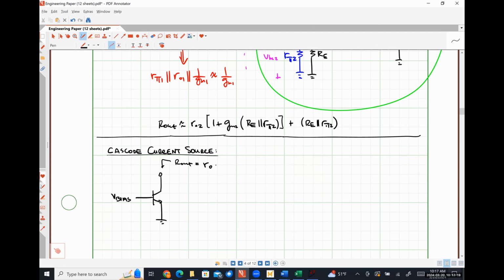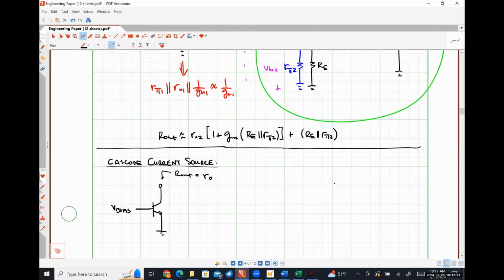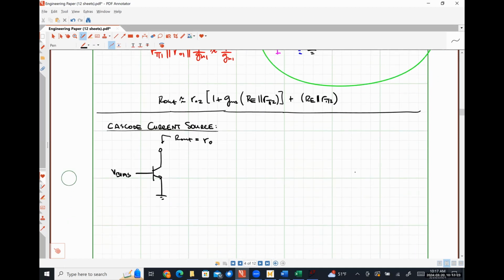So one way to do that would be to utilize degeneration. That's exactly what the Widlar current source does, by the way. We might have something like this instead.